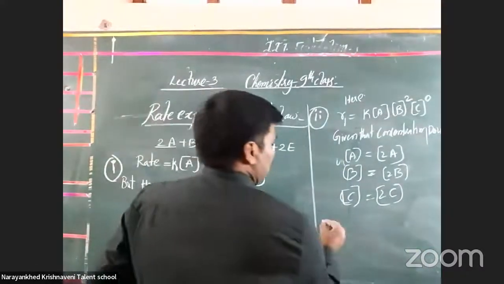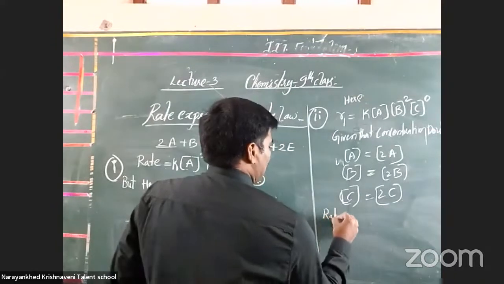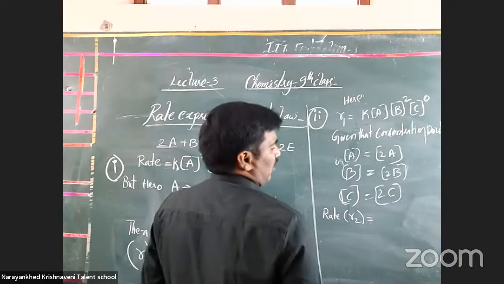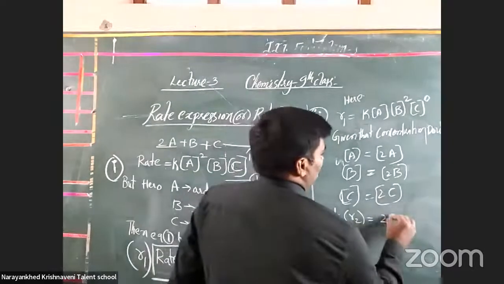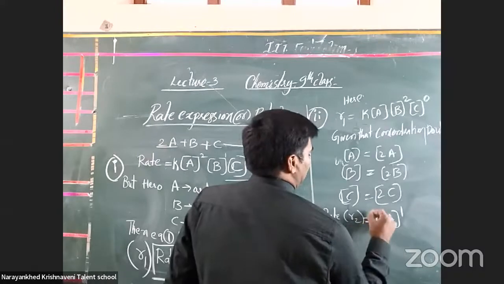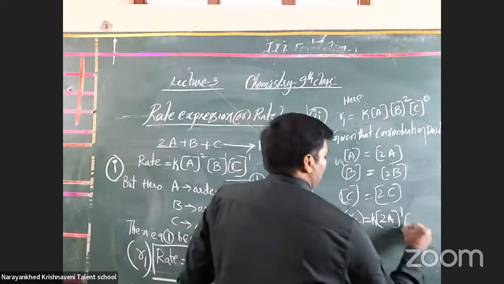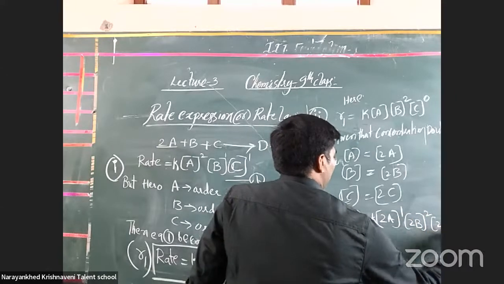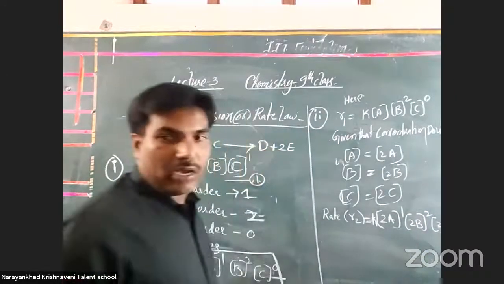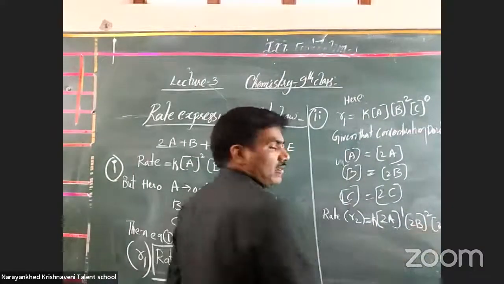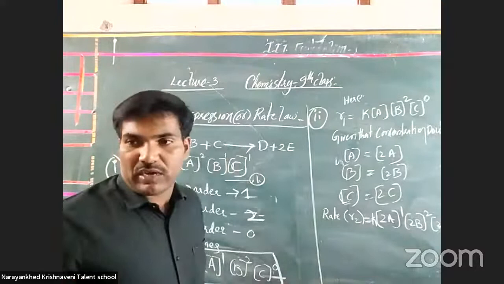That is why the rate R2 is equal to k into 2A to the power of 1, 2B to the power of 2, and 2C to the power of 0. Clear or not? There is 2 into 2 into 2 everywhere, these are the components we have now.